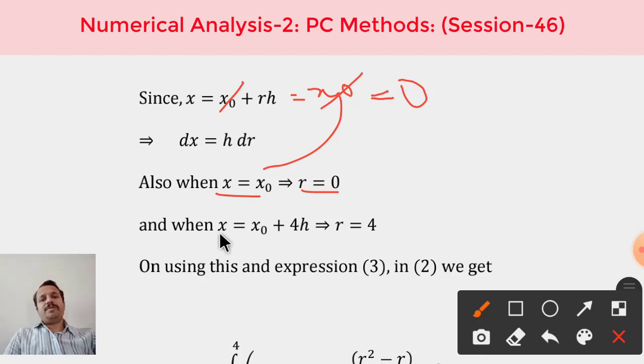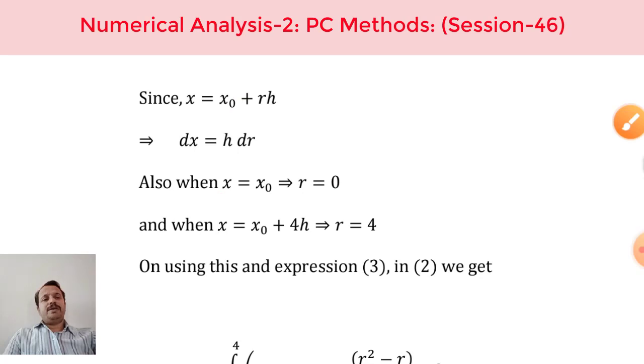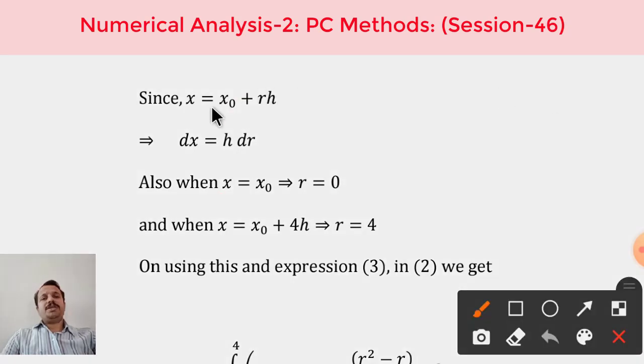Now what is the upper limit for r? That we shall discuss. The upper limit for x is x naught plus 4h. Now we shall write this value over here, x is equal to x naught plus 4h.